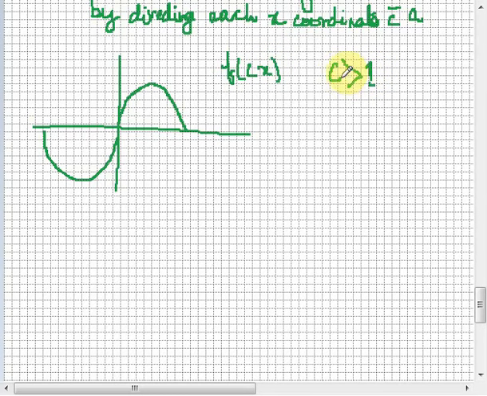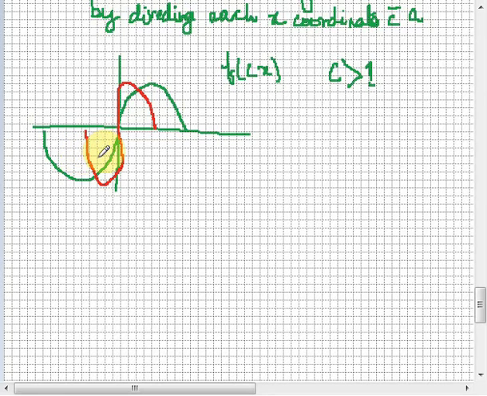The graph will be horizontally compressed, like this. Each x is divided by a.